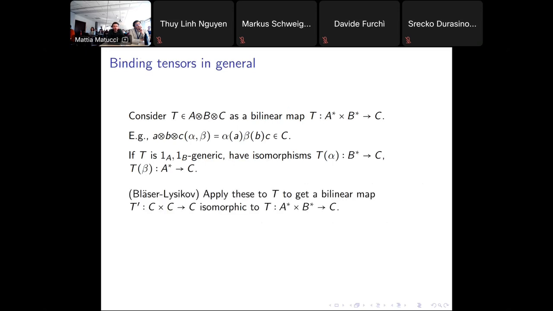So when I take the inverses, we can apply those to get an isomorphic tensor that just lives in the same space. That is a bilinear map from the vector space C cross itself to C. Well, a vector space equipped with a multiplication is called an algebra.